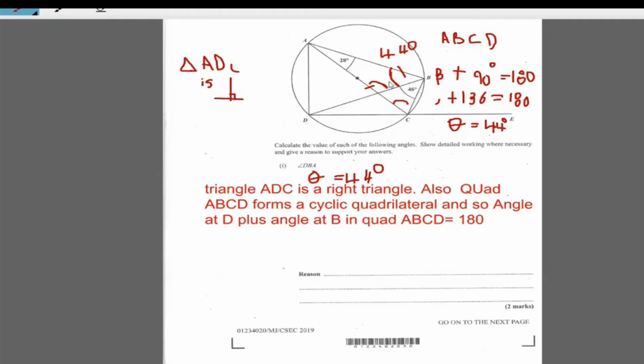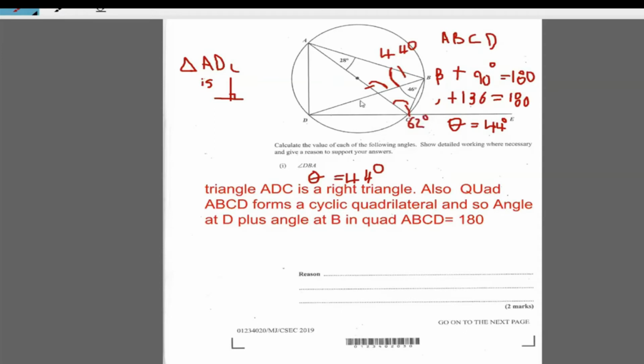This forms a triangle. Angles in a triangle sum to 180. That's 72. This is 108. And 46 plus 44 plus 28, that's 118. So this angle is 180 minus 118, which is 62. So this angle right here is 62.